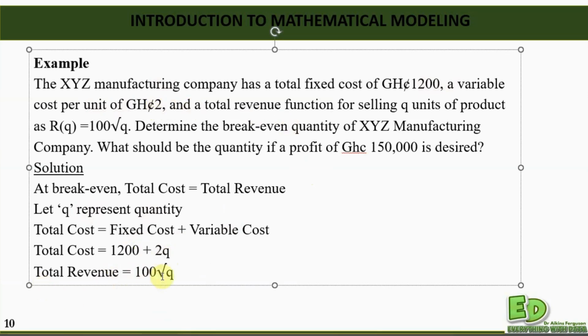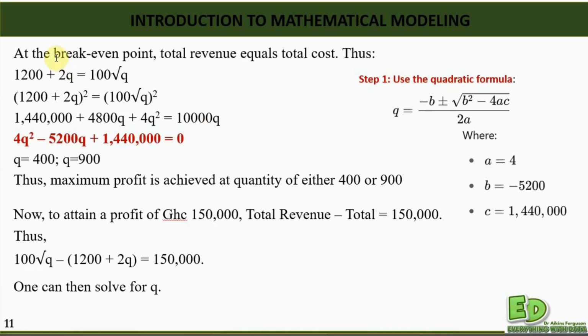Revenue has been given already as 100 root of Q, right? So here on our next slide, we have at the break-even point, total revenue equals total cost. That's what we had as our total revenue, and our total cost is 1,200 plus 2Q is equal to the revenue of 100 root of Q.